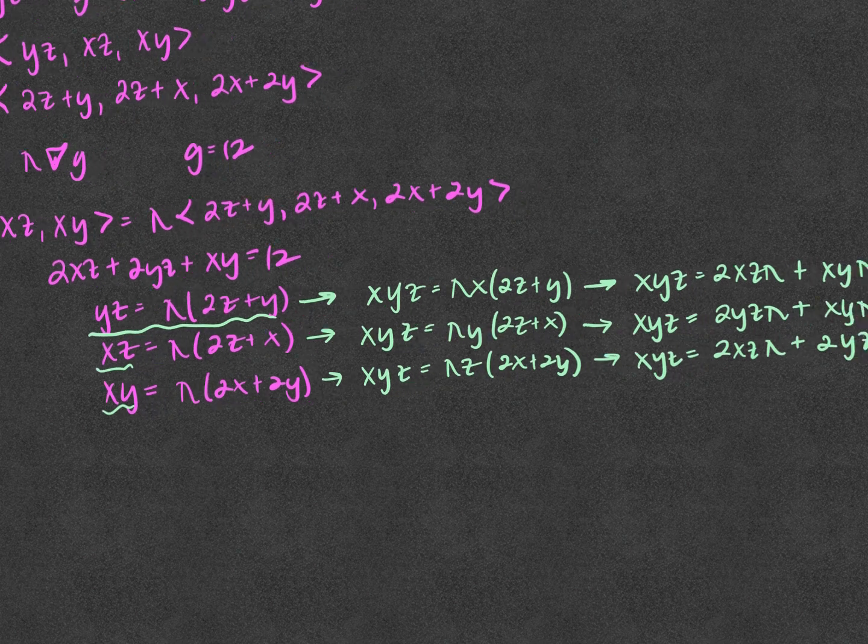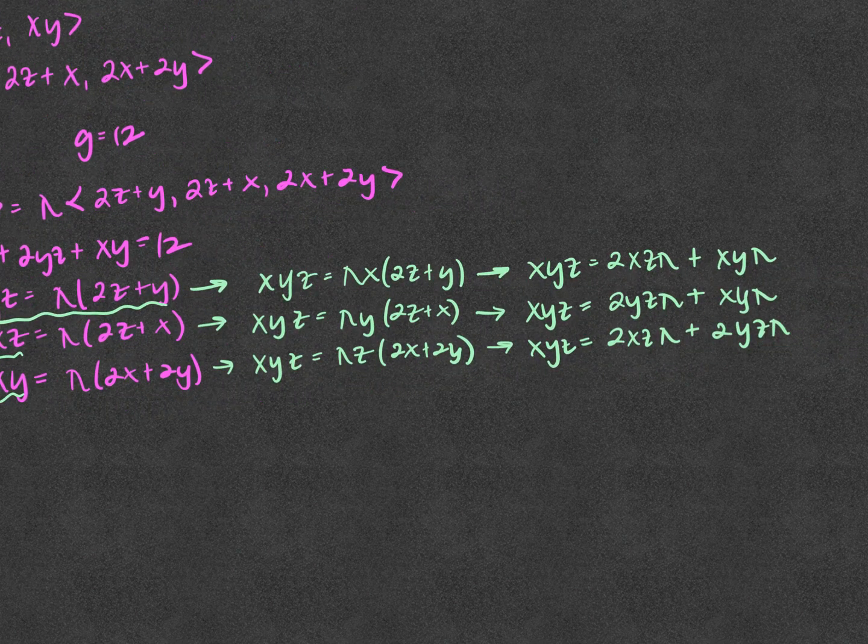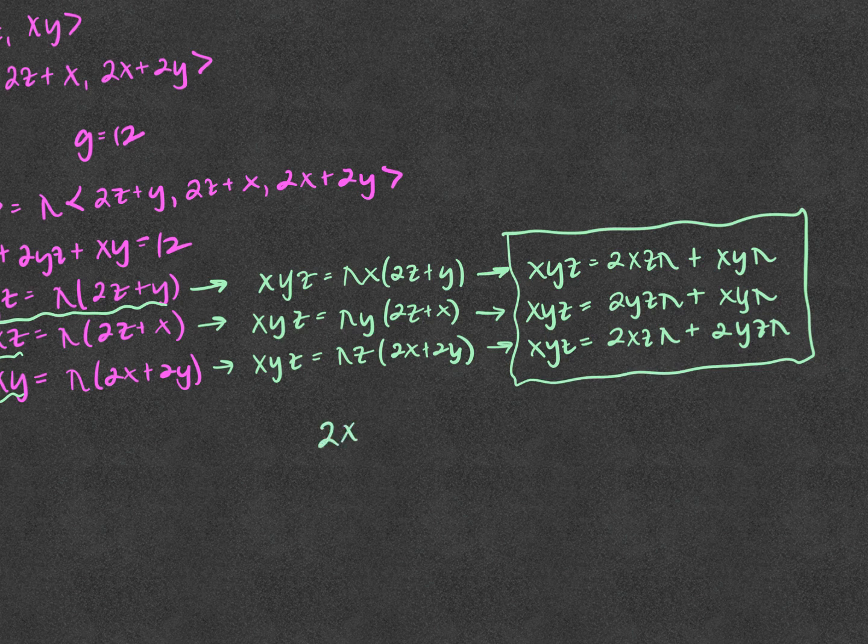But now that we have xyz on the left of these equations, we can set them equal to each other and begin to solve. Let's take the top two: 2xz lambda plus xy lambda equals 2yz lambda plus xy lambda.